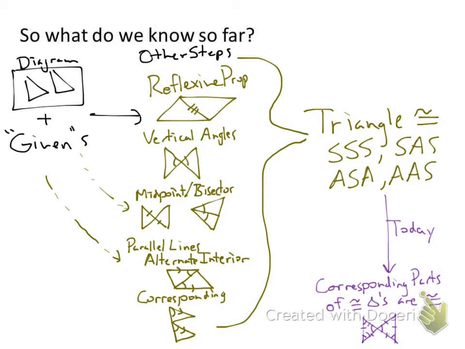That diagram's not correct. But we get that new piece. This is the process for every single one of them. All three of those problems we did today, all of the problems you did the last two days, it follows that same thing, even if it's not a proof. Even if it's just, hey, which congruence is it? You get some information, you figure out which one of these show up, and these are usually your next steps to get you here. We have to be able to do that process.